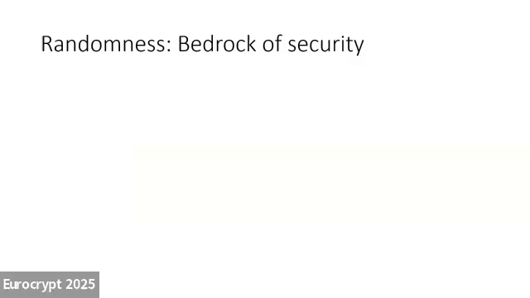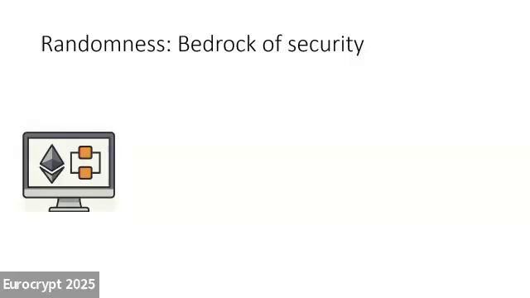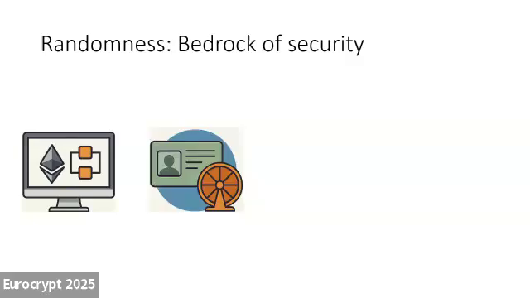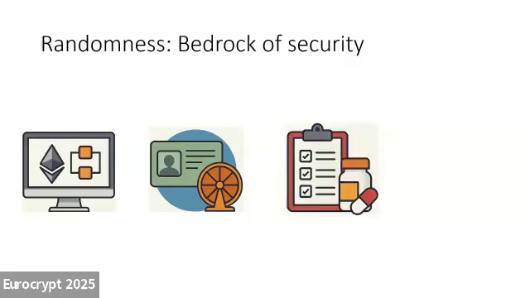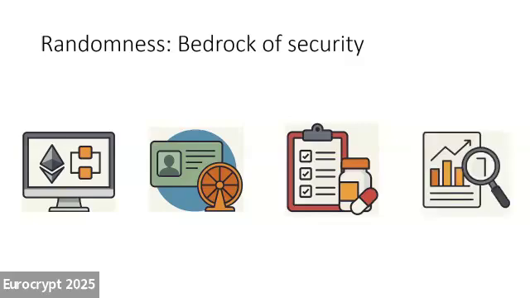And to start things off, let us briefly recall why we need randomness in the first place. And the answer is that randomness is truly used everywhere, from its usage in blockchain applications to more traditional settings, such as to ensure fairness during the green card lottery, and its usage in clinical trials and financial audits.